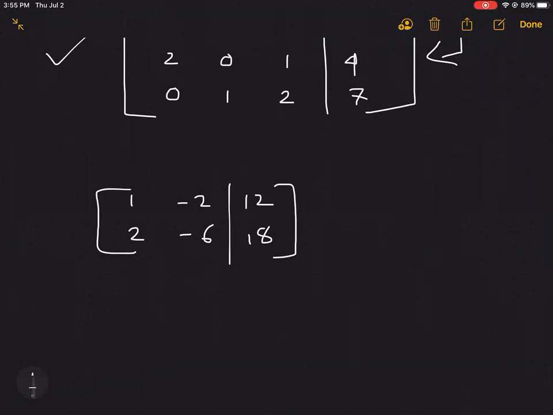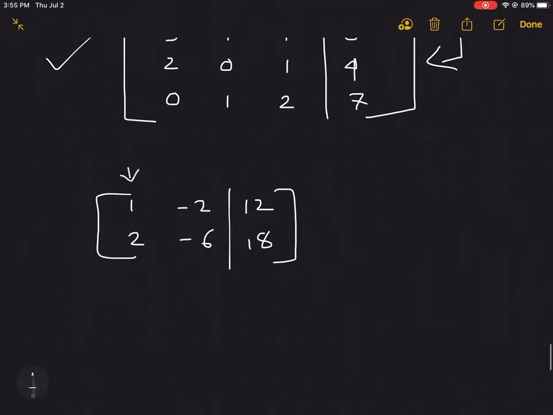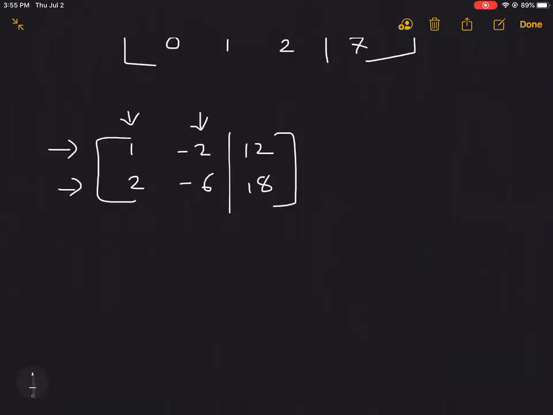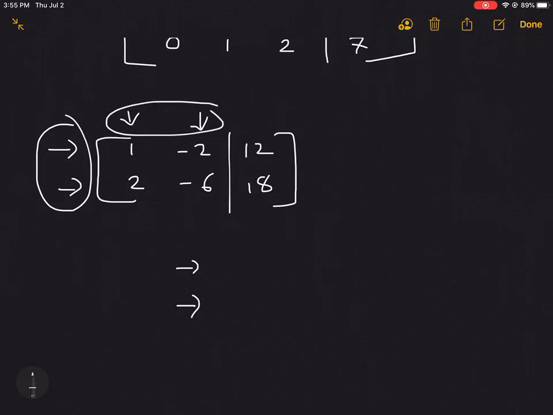So you can clearly see we have 2 rows and 2 columns. So definitely our system of linear equations will have 2 different equations, and the number of rows determines how many equations we'll have, and the number of columns determines how many variables we'll have. As you can see, we have 2 columns, so we can take x and y as our variables, right?